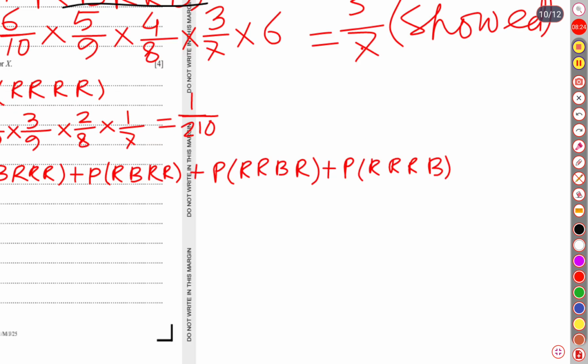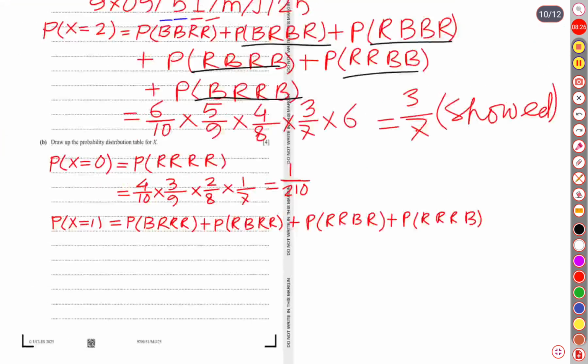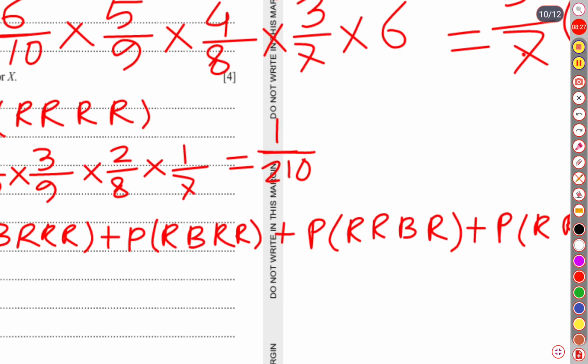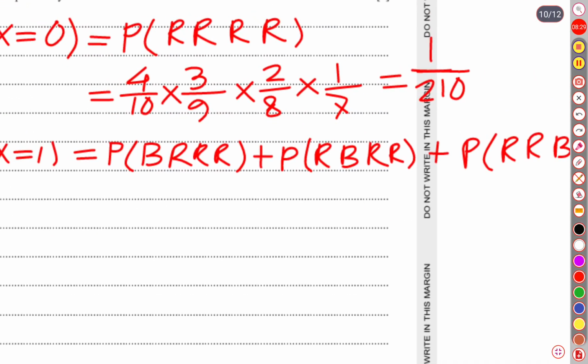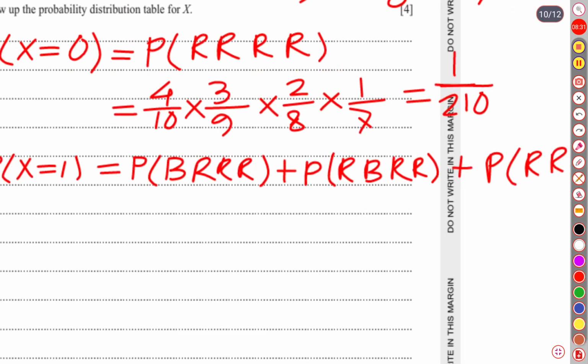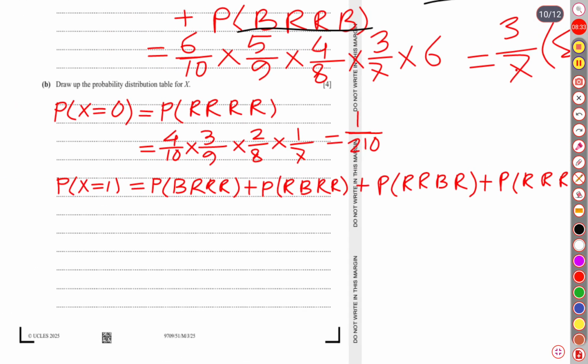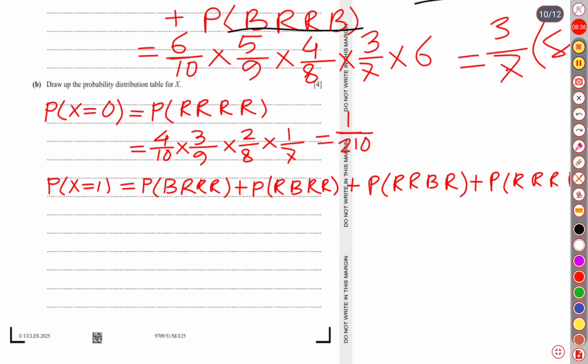Okay, so our probability is going to be equal to, first one is blue, so total number of blue marbles is 6, so 6 over 10, and the rest 3 are red.